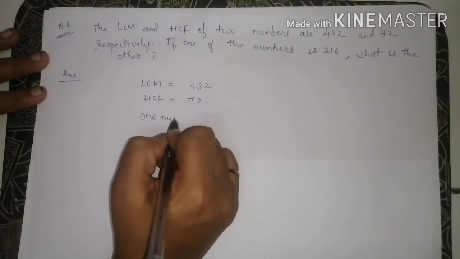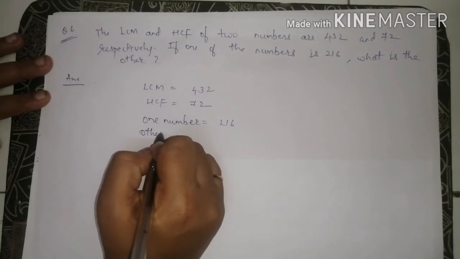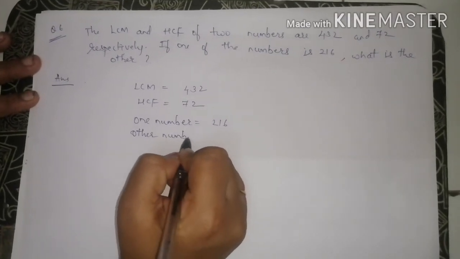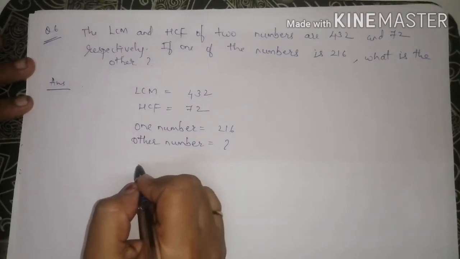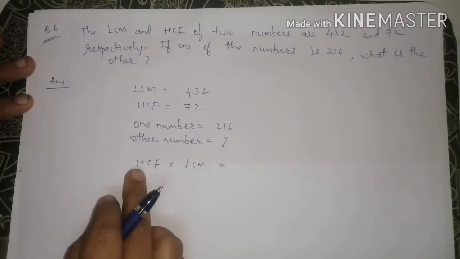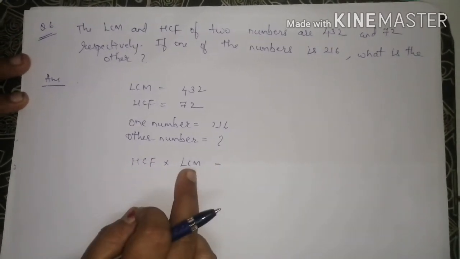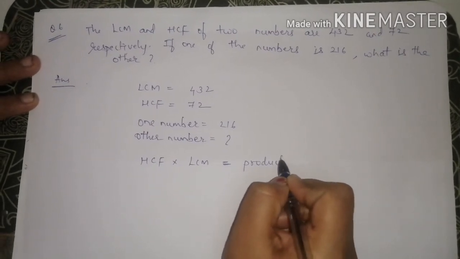One number is given, 216, and the other number we have to find out. For finding this, there is one formula. Remember by heart that the product of HCF and LCM is equal to the product of the two numbers.